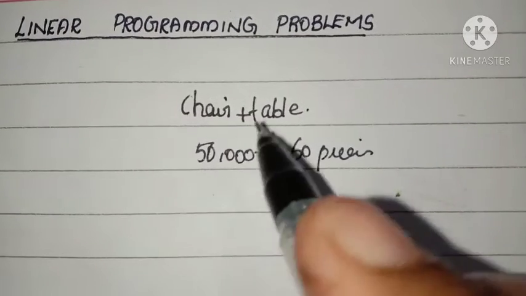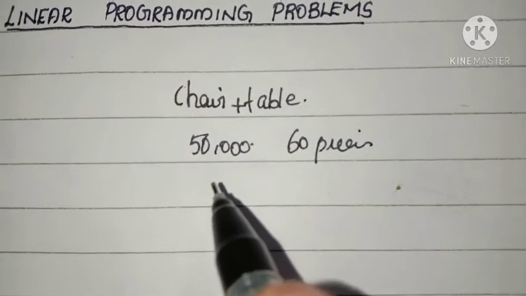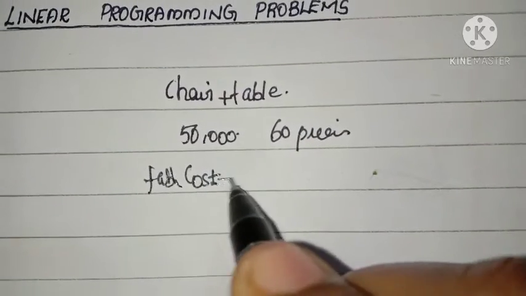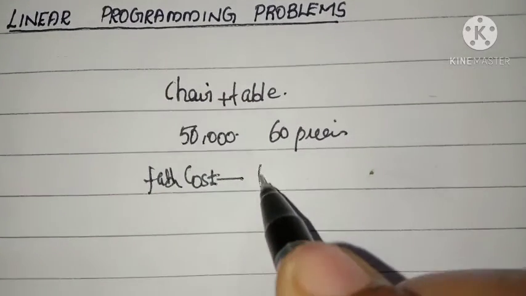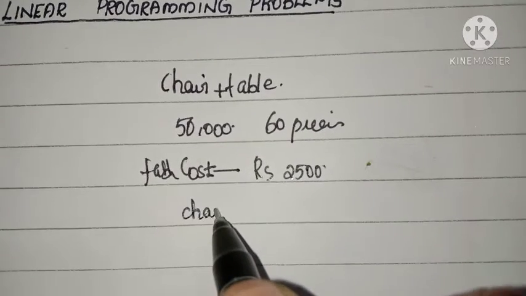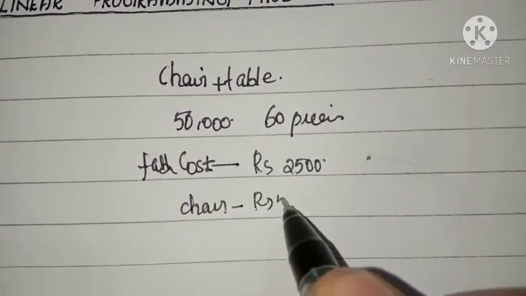So in this case, suppose a table cost, listen, it's only an example, a table cost rupees 2500 and a chair cost suppose rupees 500.